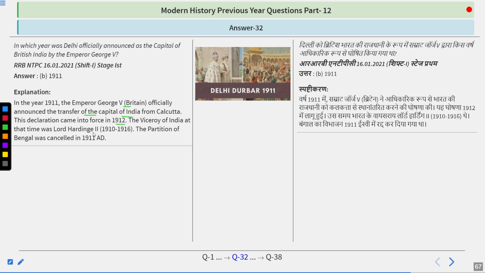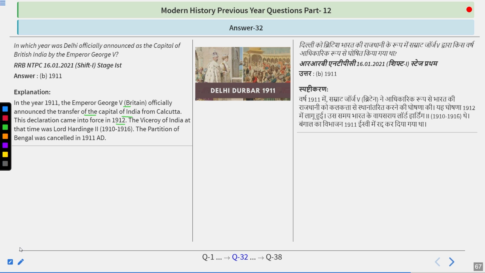So basically, George V came to India for the Delhi Darbar, because Delhi Darbars were generally organized when the Britishers found any kind of chaos or unsettlement among the Indians, so they called the emperor or the queen to visit India and settle down the people of India.